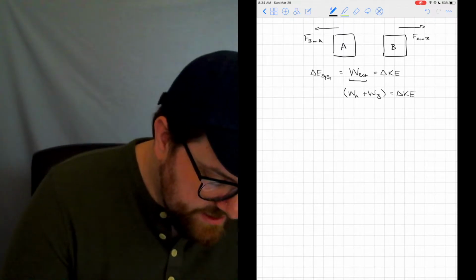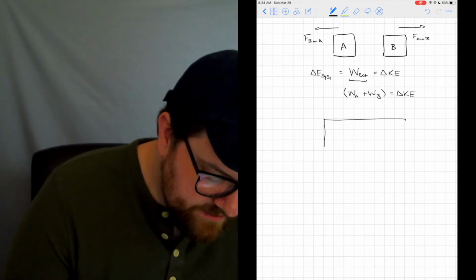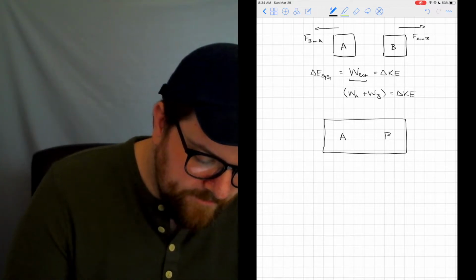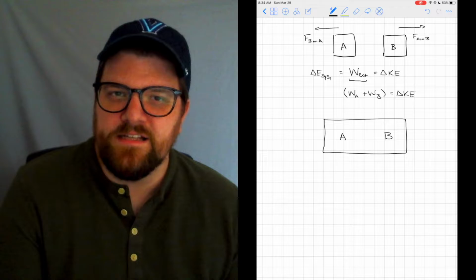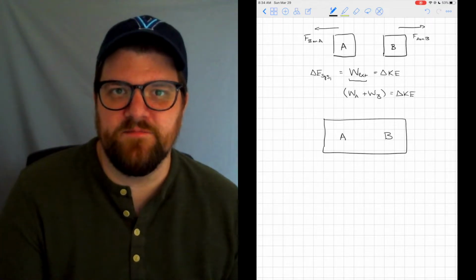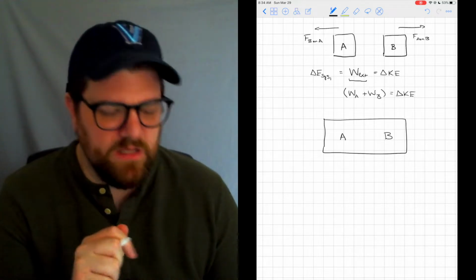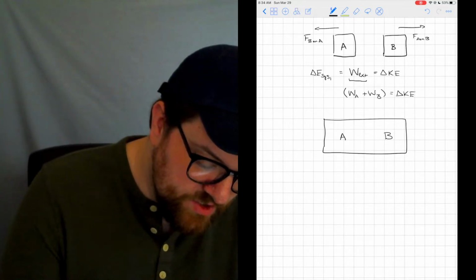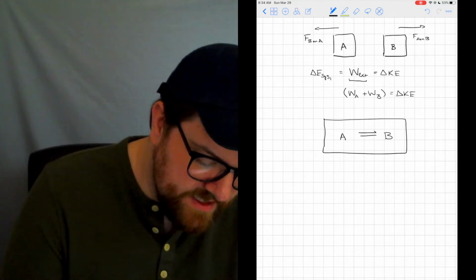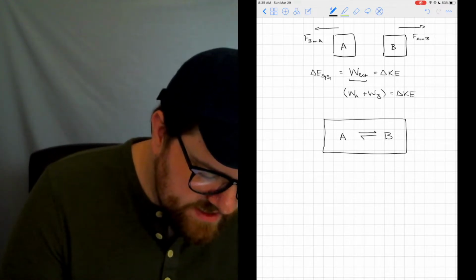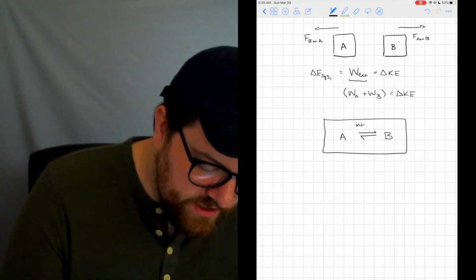Let's consider a different little system here called System 2, and I'm going to have System 2 have this one subsystem called AB, right? Instead of A and B, we're having AB. We've combined these two objects into one big subsystem, and then we're going to say there are some mediating forces here, some interaction forces.